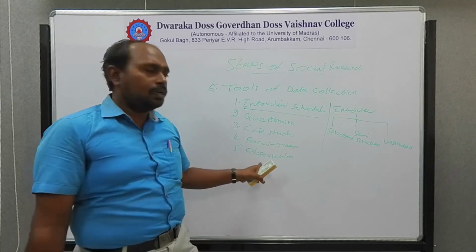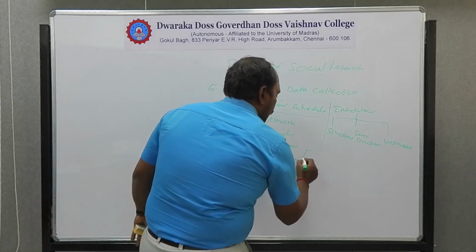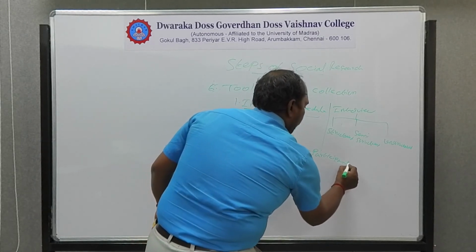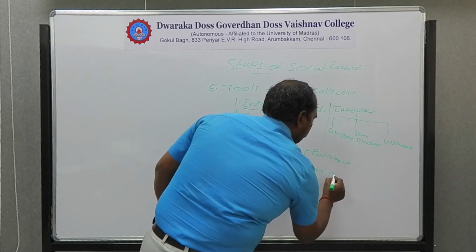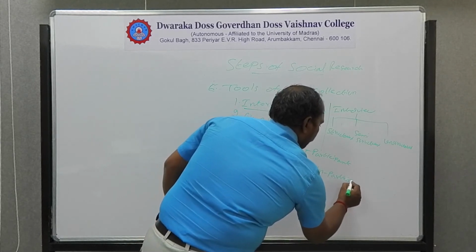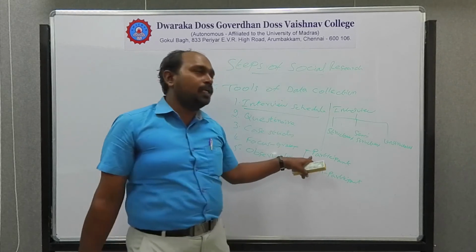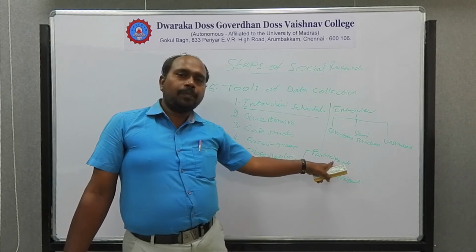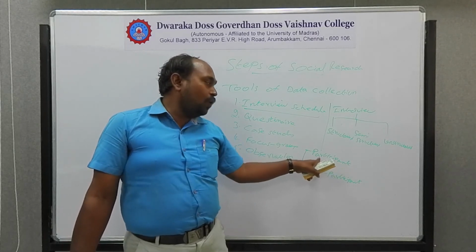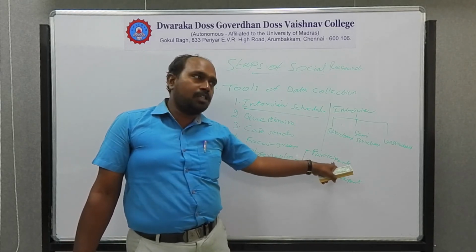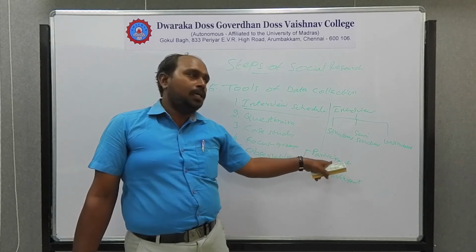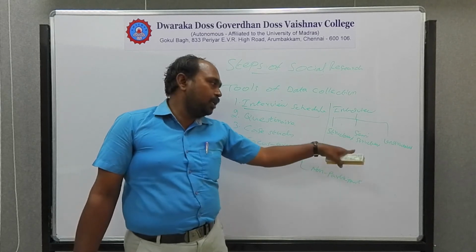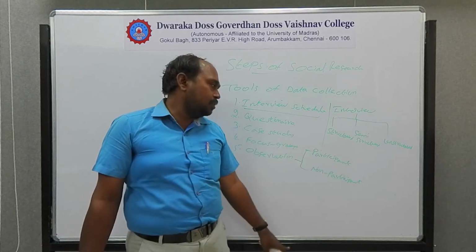Then observation method, here we can follow two methods, participant and non-participant. If a researcher wants to study marriage practices in India, and he is following the participant observation method, he will involve himself in the ceremonies, customs, and rituals followed in the marriage practices.